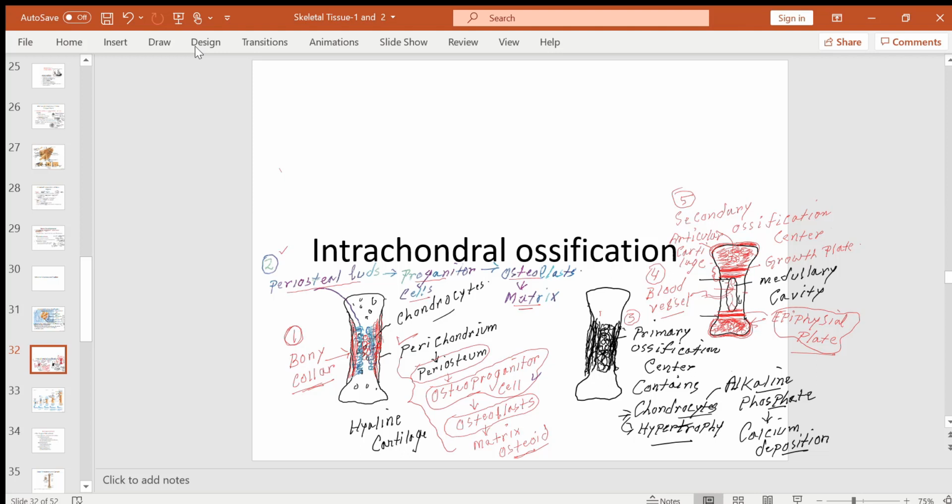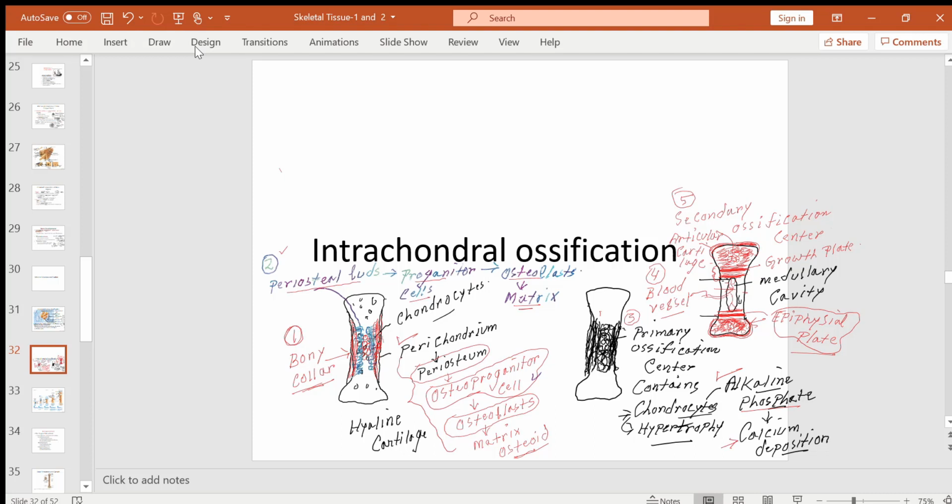Now in step 3, the chondrocytes in the center of the shaft of the cartilage, the cartilaginous cells, will hypertrophy, get enlarged and occupy more space. At the same time, they will secrete alkaline phosphatase. That chemical helps to deposit calcium.